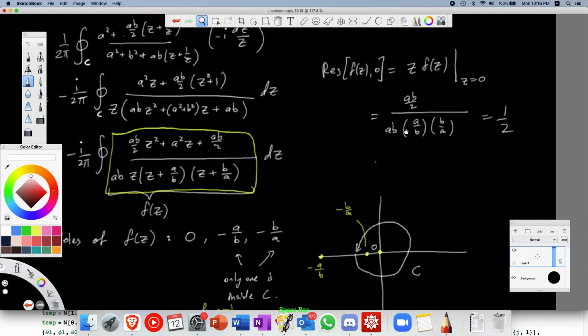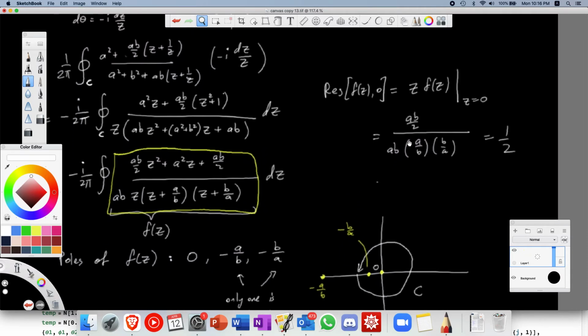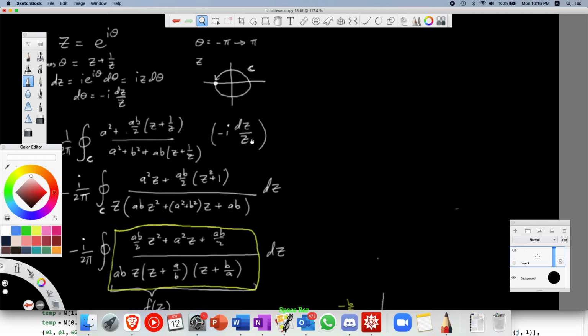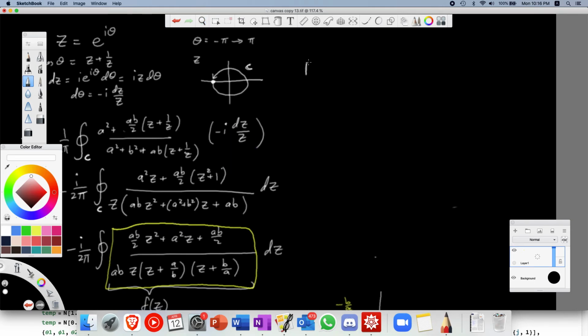Then how about the residue at the other pole? I'll just erase this because I need a bit more space. The residue at the other pole minus b over a is given by z plus b over a times f of z evaluated at z equals minus b over a.